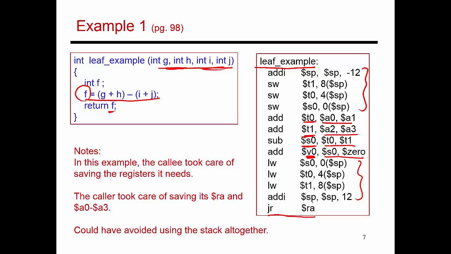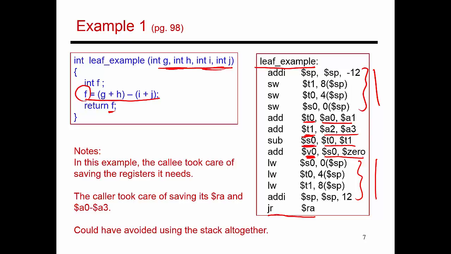Now let's talk about these 4 instructions at the top and these 4 instructions at the bottom. Okay, now the body of this procedure is using registers T0, T1, and S0. Now this procedure is being extra nice. It makes the assumption that these registers are somehow important to the caller, and so when this procedure is done, it wants to make sure that it leaves the processor in the same state that it found the processor, right?